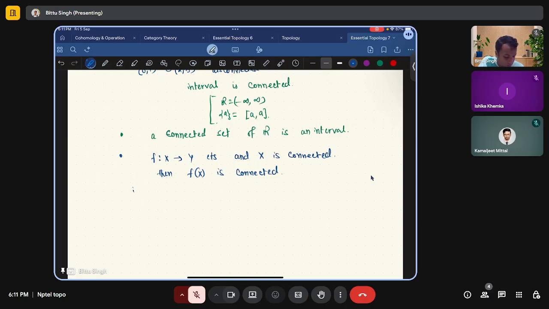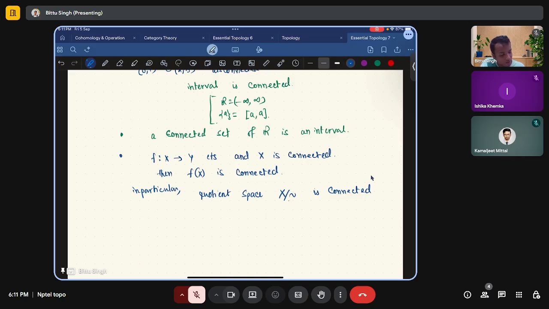So in particular, a quotient space X modulo some relation is always connected. Why is this true?